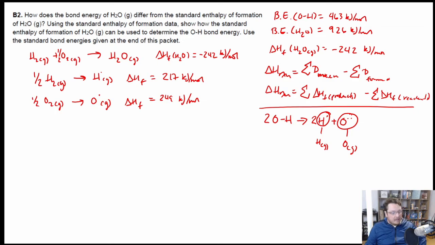And ultimately, what we're looking at in this reaction is simply the amount of energy that you would release, the delta H of the reaction, where H2O essentially splits apart.